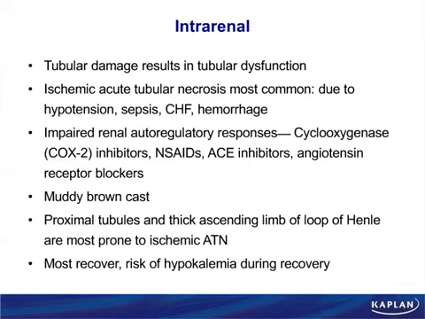Now, here's a high yield point. As patients recover, now at some point during acute tubular necrosis, patients will become oliguric. They most likely will need dialysis. But as they recover, they start to make urine. The oliguria will recover. They start to produce urine again. As they start to produce urine, they have a diuresis.